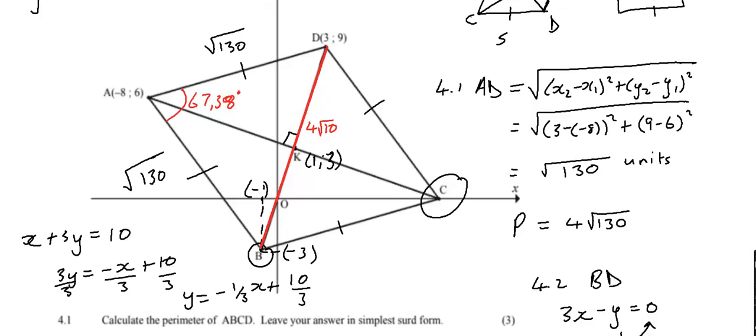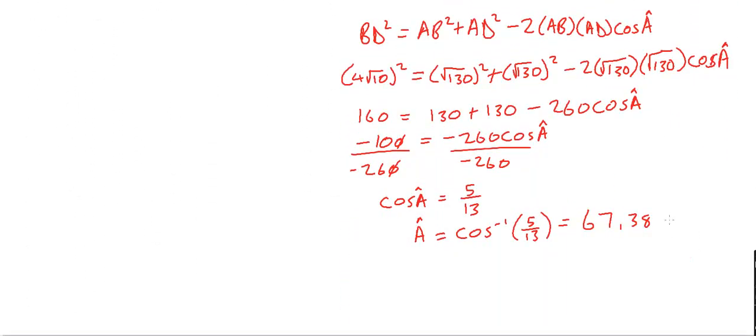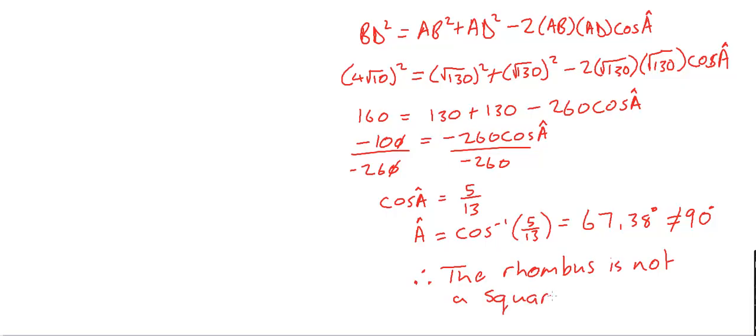So since it's not 90 degrees, it means it's not a square. And then that is it for these questions.